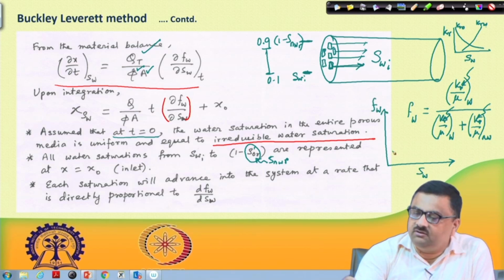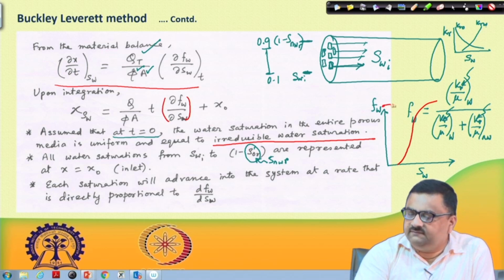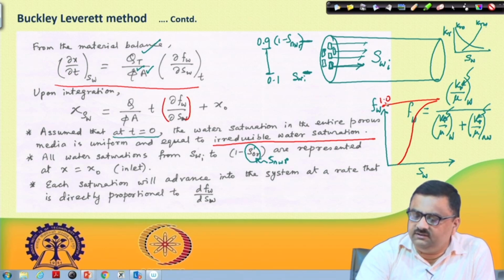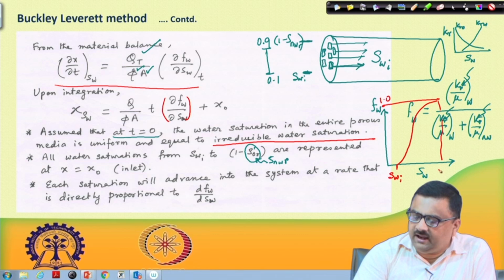A plot can be drawn which takes a shape something like this, where this value of FW is 1.0, and this plot will start here from SWI and this will reach 1 at 1 minus SNWR or SOR.